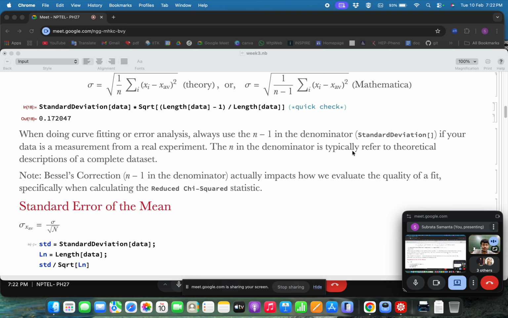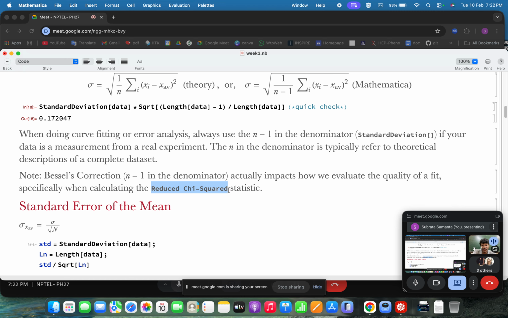If you calculate theoretically, then you use n. This Bessel correction, n minus 1 in the denominators, actually impacts how we evaluate the quality of a fit, specifically when we calculate the reduced chi-square statistics. I will come to this point when we calculate the reduced chi-square.